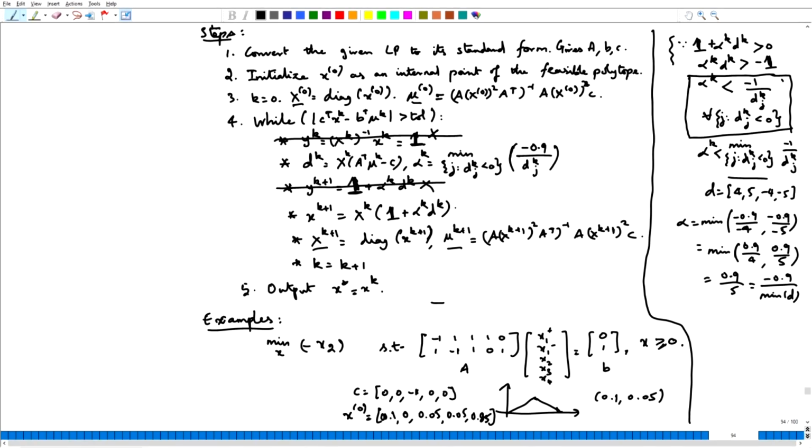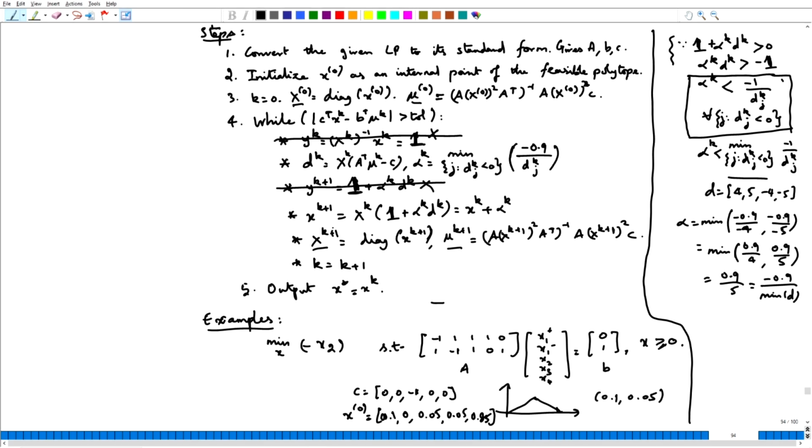So when you multiply with all ones, you get back x_k. So capital X_k into 1 is just little x_k, plus alpha_k into, it is actually the element-wise multiplication of x_k and d_k. So it is a vector, but an element-wise multiplication of x_k and d_k.